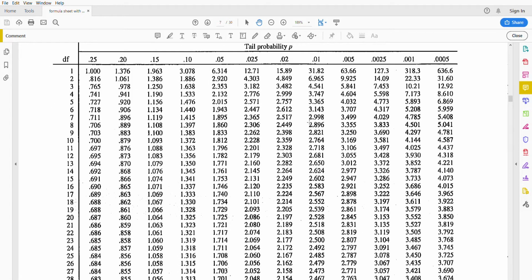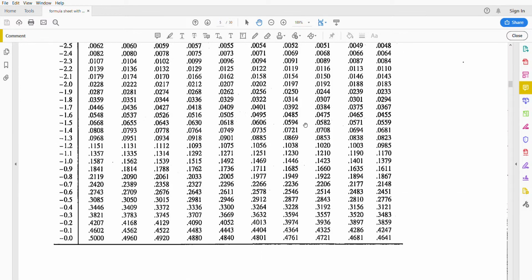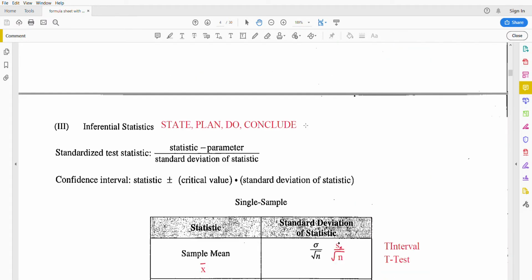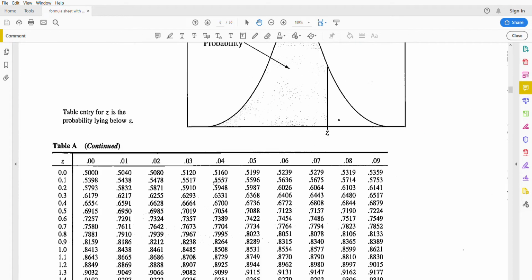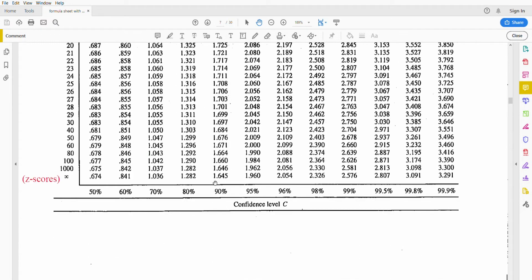Okay. Now, what table B is really good for is finding critical values, right? Let me go back up here. When we're doing a confidence interval, you have to find the critical value, which is either a z-score or a number from the t-distribution. If you know your confidence level, you look it up here.